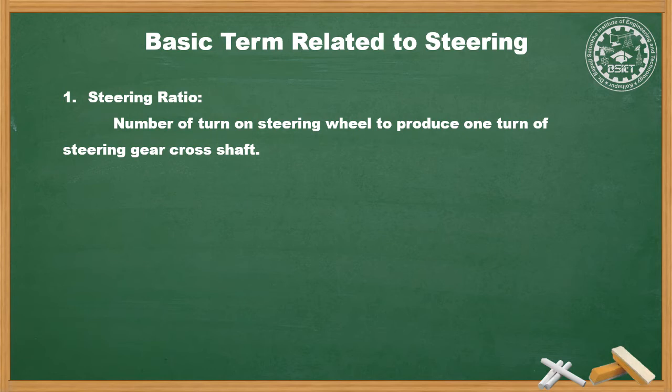It is large for straight ahead, while for outer range it is lower. The gear ratio can be defined by considering the turning of cross shaft. It turns much less than completing a rotation in operation. Therefore, the gear ratio is the ratio between number of degrees of rotation of steering wheel and the number of degrees through which the cross shaft turns or rotates. So, steering ratio is nothing but the number of turns of a steering wheel to produce one turn of steering gear cross shaft.